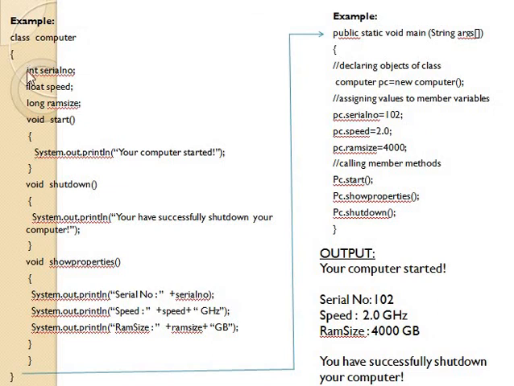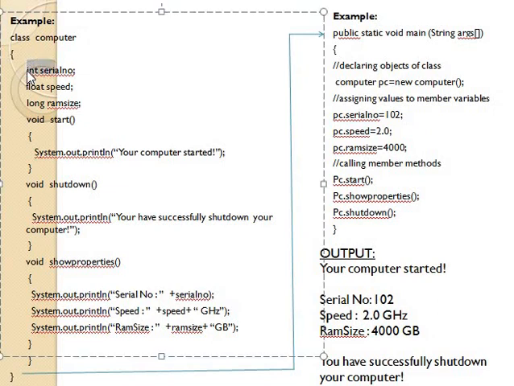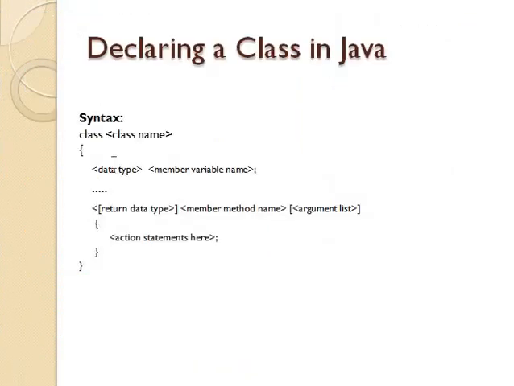Just as you declared the first data member, similarly you declare the second data member called speed, and since it accepts only decimal values, declare its type as float. So float speed followed by a semicolon. Here float becomes the data type, speed becomes the member variable name.